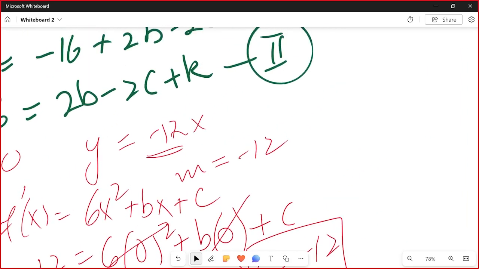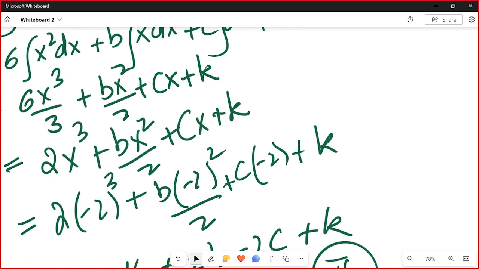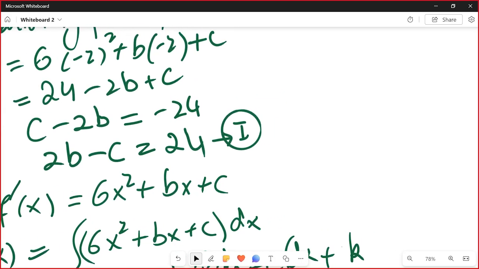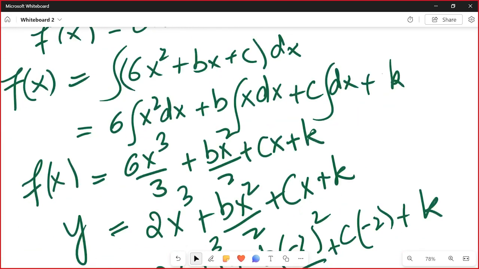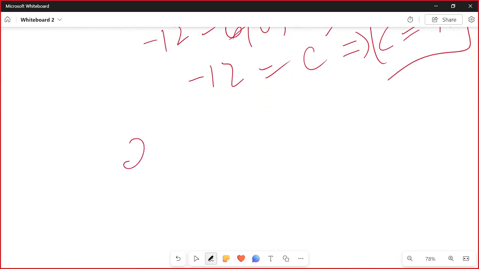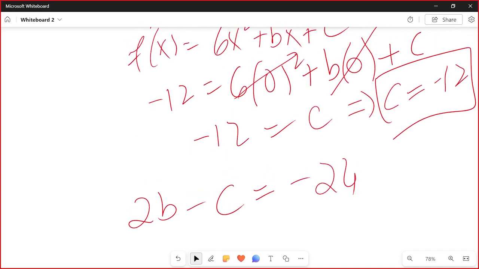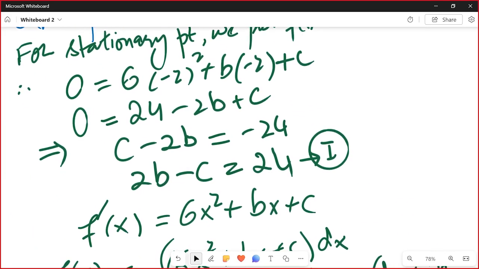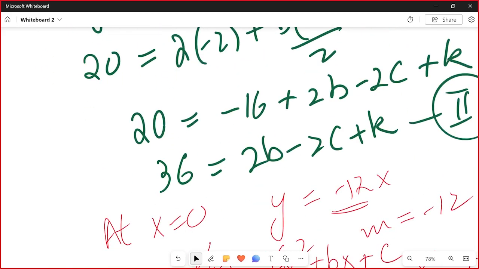If we have c as minus 12, we can use the first equation. So we have 2b minus c is equal to 24. Should it be minus 24 or plus 24? I have to see it again. So it is 2b minus c is equal to plus 24.